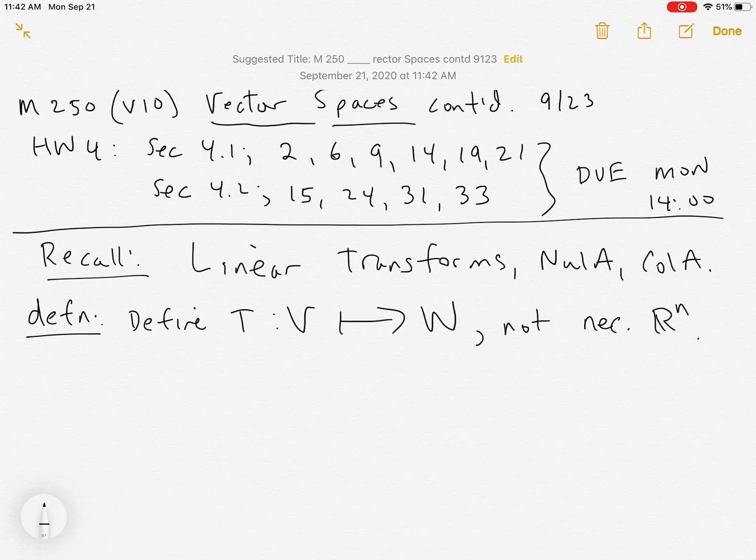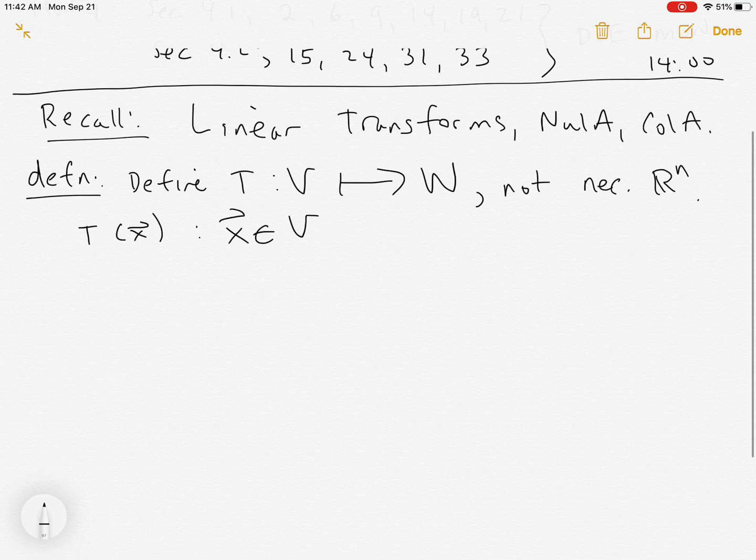T acts on vectors X, where X is in V, and then sends them to W. And just like before when we defined vector spaces, two rules hold.